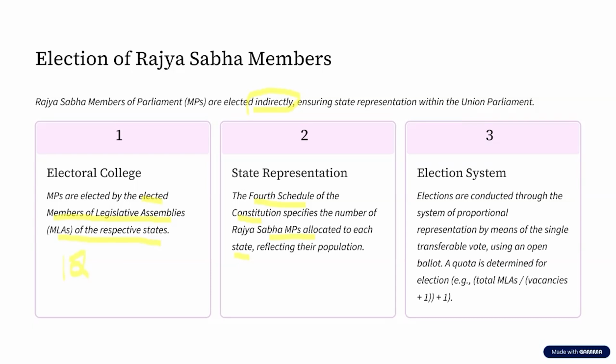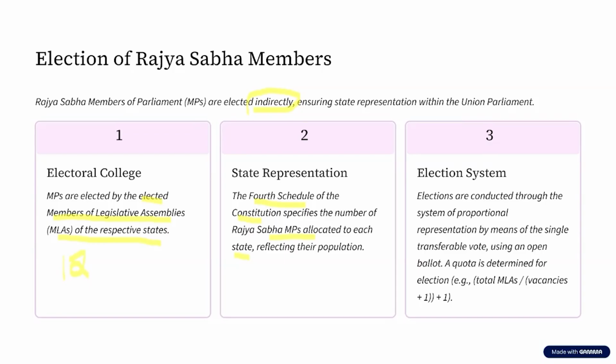Now, as per this Fourth Schedule, which state do you think has the highest Rajya Sabha members? There are different states. For example, consider the state which has the highest number of MLAs. Which is that state? It is Uttar Pradesh.